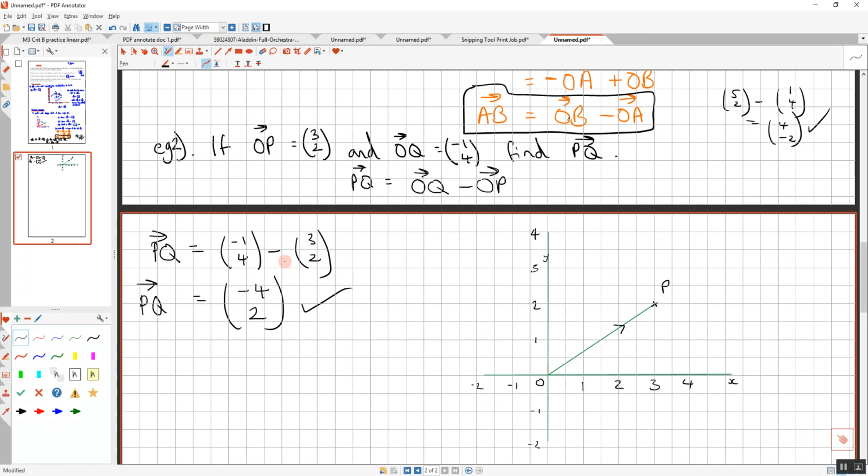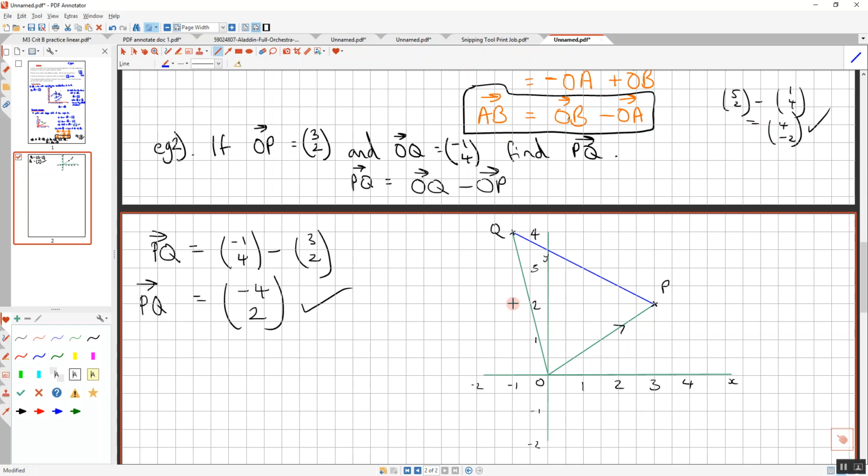Alright, so (-1, 4) is across negative 1, up 4, and it's starting at O. Okay, so we're all okay, that's my vector O to Q. And I want P to Q, so it's going to be the line in between them. Okay, so I can see that I'm going back 1, 2, 3, 4.